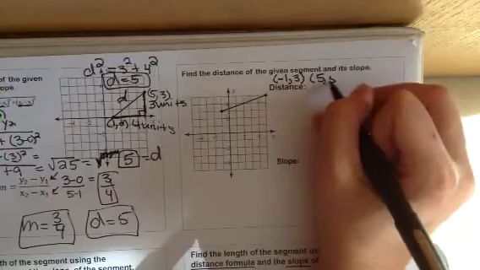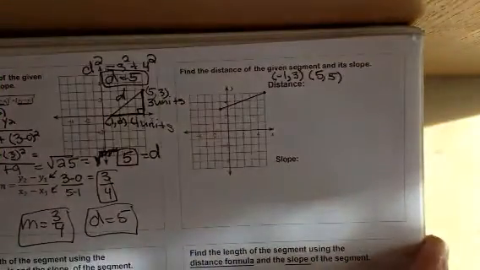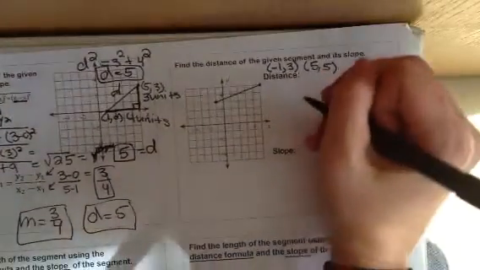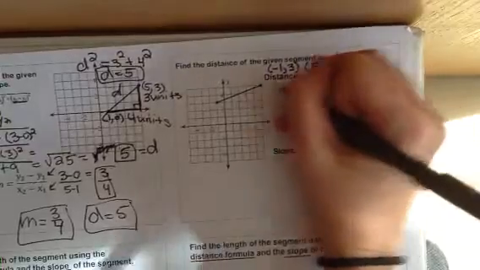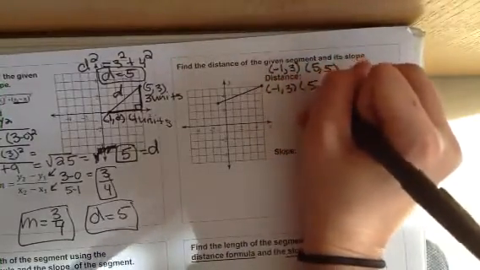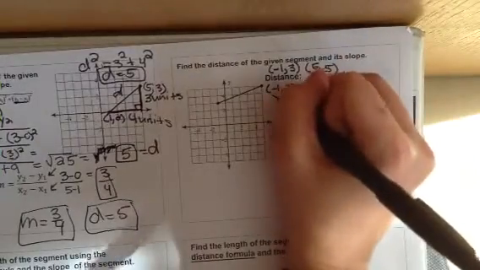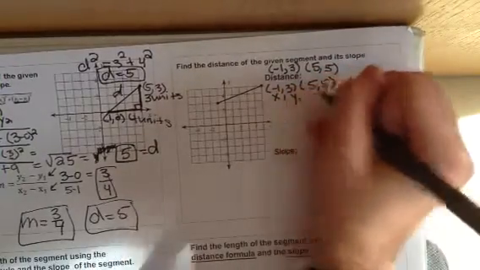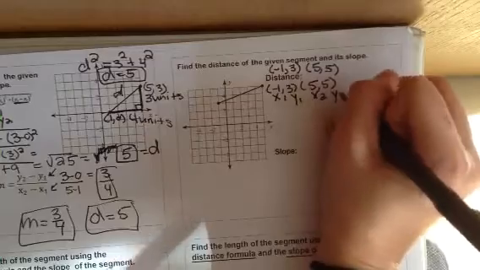Okay, let's find the distance between these 2 points. I'm going to write these again under here so I can label them easily. So this is x1, y1, x2, y2.